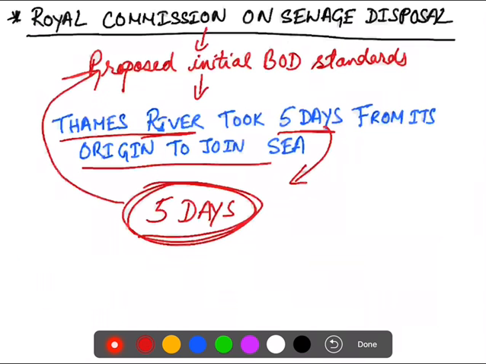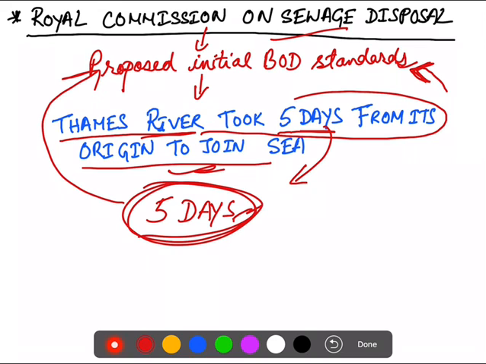But the original reason for giving the BOD standards was given by the Royal Commission on Sewage Disposal, and they gave it for 5 days because the Thames River took 5 days from its origin to join the sea. So these are the reasons why the BOD test is done for 5 days.